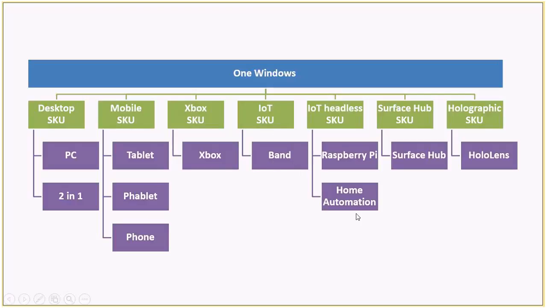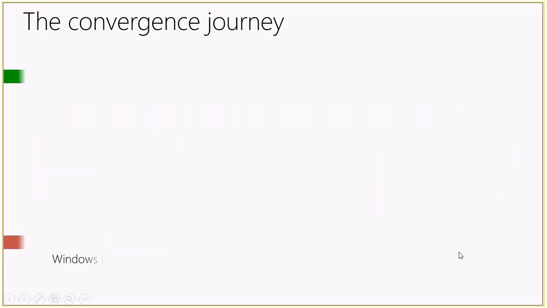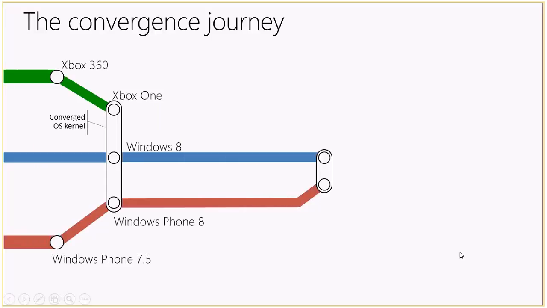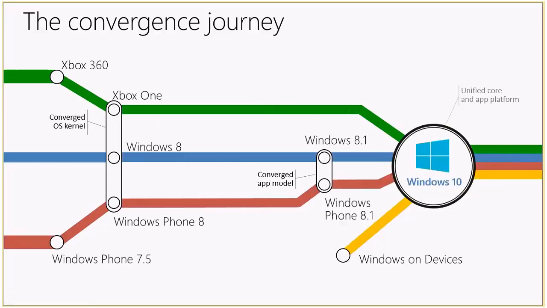When we move further into this one Windows and one platform concept, you will notice how Microsoft moved on their journey towards Windows 10. In the beginning, we had Xbox 360, and if you wanted to create games and applications for it, you had to learn all the languages and the environment for Xbox 360.